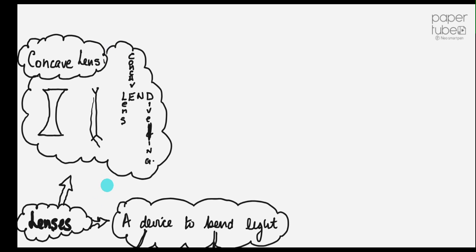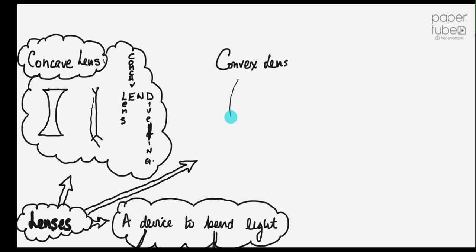The other type of lens that you can get is the convex lens. And the convex lens is that shape. And when you're drawing it, you draw it like this in the lens diagrams. You see the way that sort of goes that way?